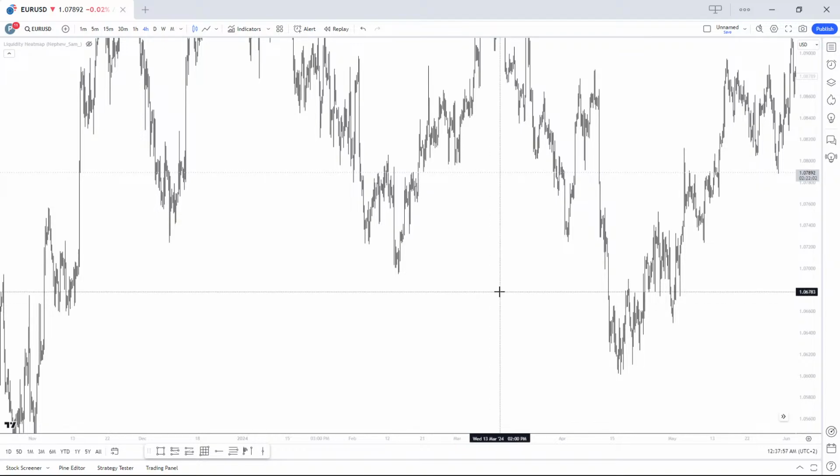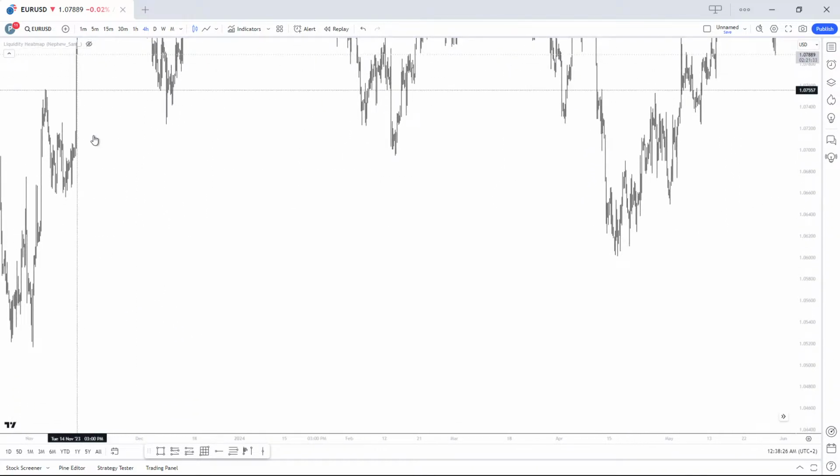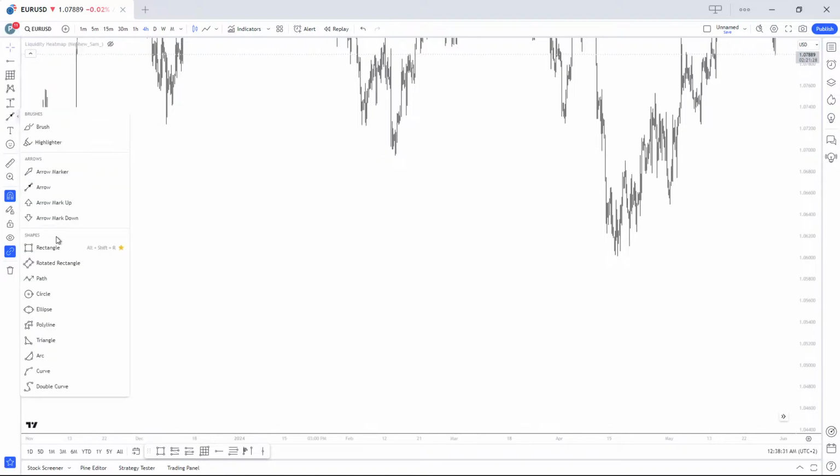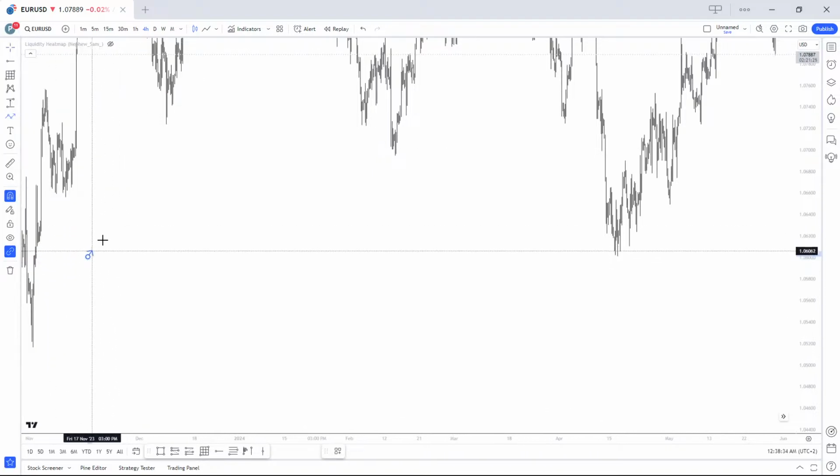Well, what? Wait, how do we turn this into an uptrend if... How do we take liquidity? Okay, so look. In the previous example, we were looking at something like this.